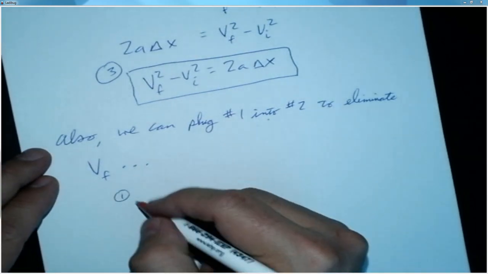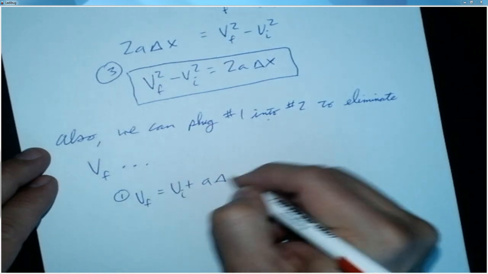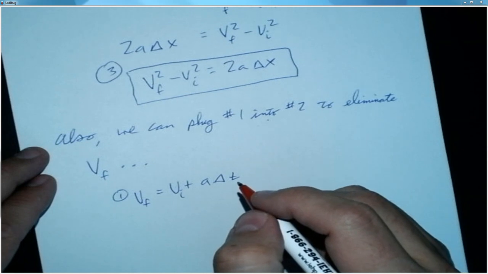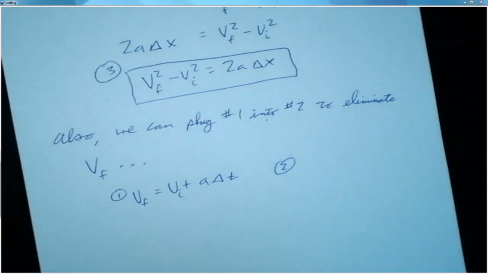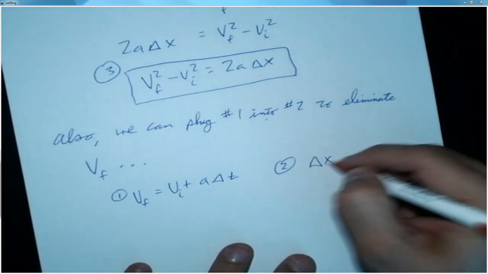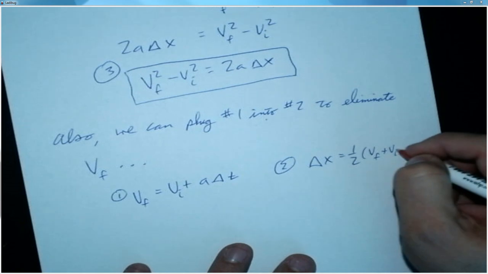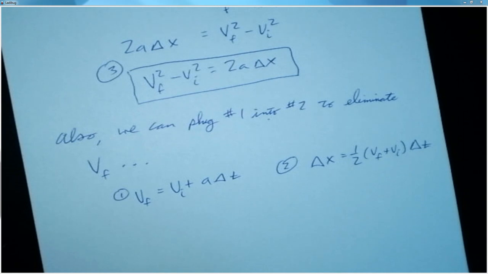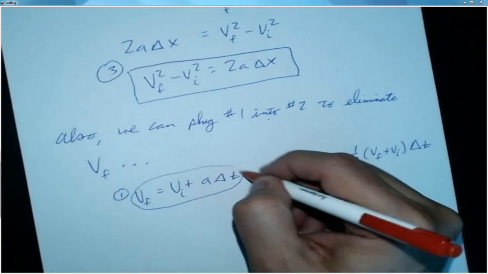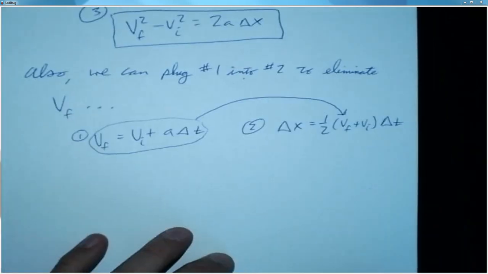Number 1 was VF is equal to VI plus A delta T. And number 2 is delta X is equal to 1/2 times VF plus VI times delta T. If you take this here and you plug it in for this value of VF, that's what we're going to do. That seems reasonable.